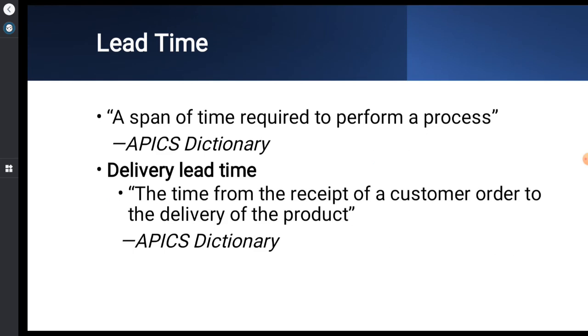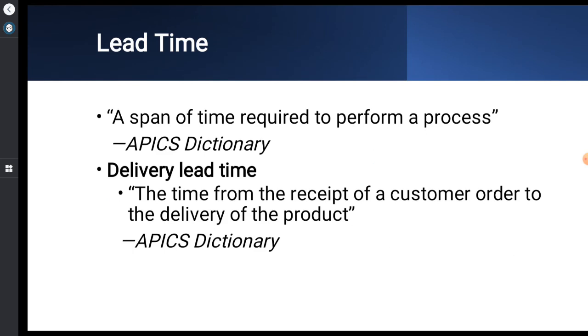In a logistics or supply chain context, we call it delivery lead time. And delivery lead time refers here to the time from the receipt of a customer order to the delivery of the product.